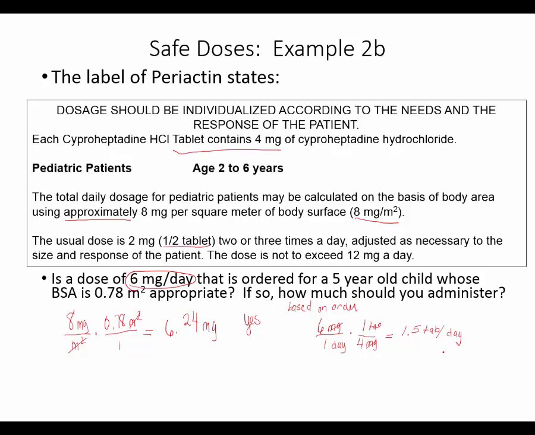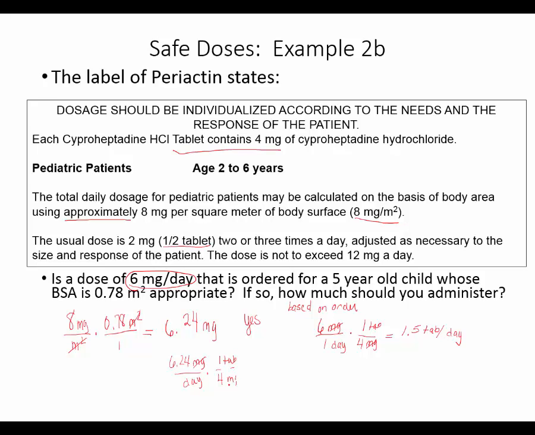We talked about in this problem that the 6.24 milligrams is approximately the order. Had I tried to calculate the amount that should be given based on the label and my calculations, we calculated the child should receive 6.24 milligrams per day, and that the available was 4 milligrams per one tablet.